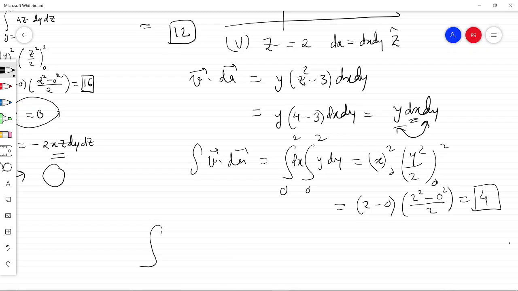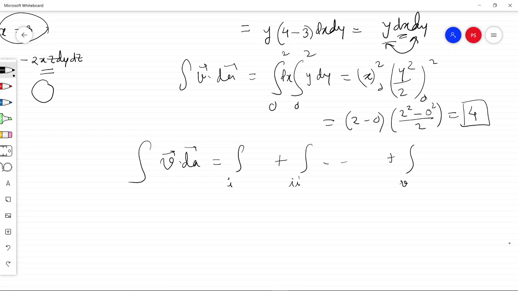So the total surface integral over the specified surface is just the sum of these 5 integrals: the integral over surface I plus the integral over II, and so on up to the integral over the fifth surface. Let us just add up these 5 values.